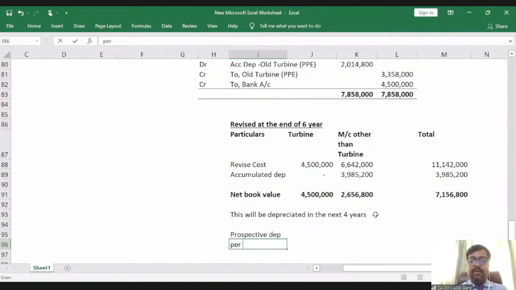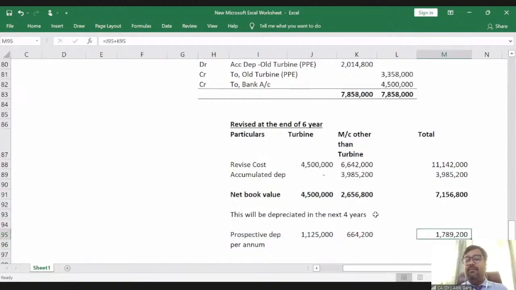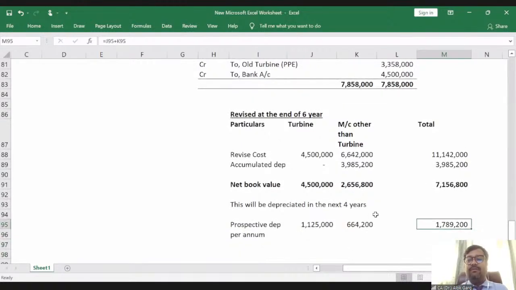The prospective depreciation per annum will be this divided by 4, and this also divided by 4. So the yearly depreciation will be 11 plus 6, which is 17,89,200. So in the next 4 years, this 71,56,800 will become 0.